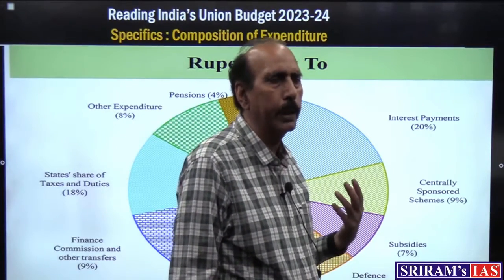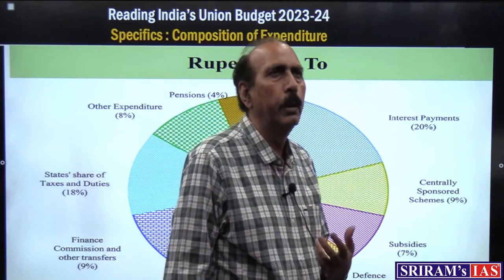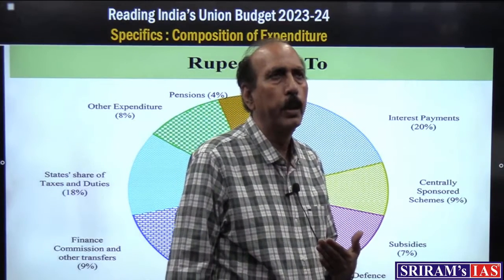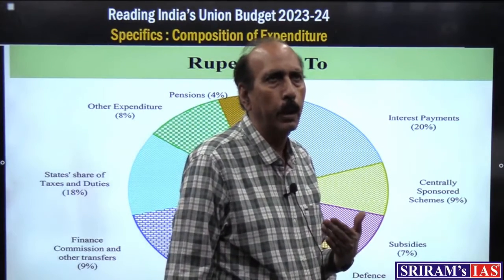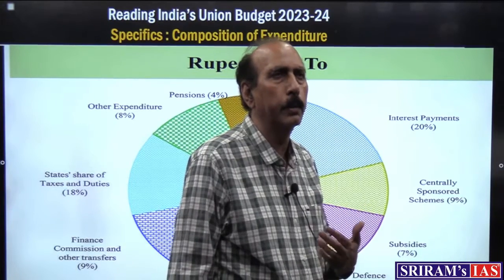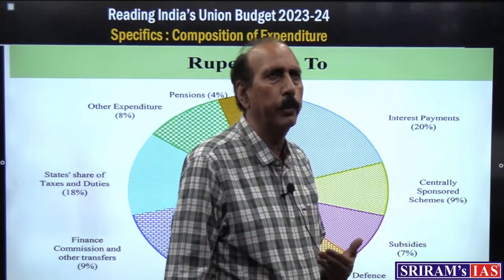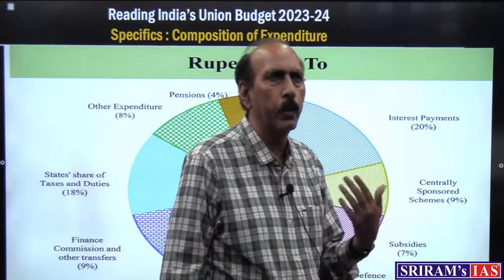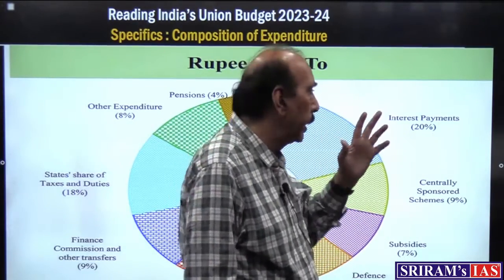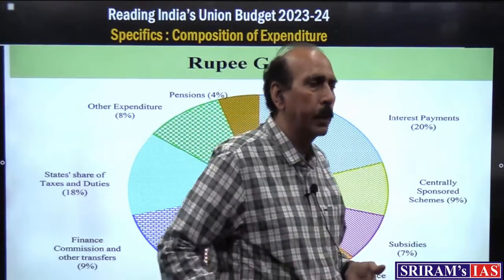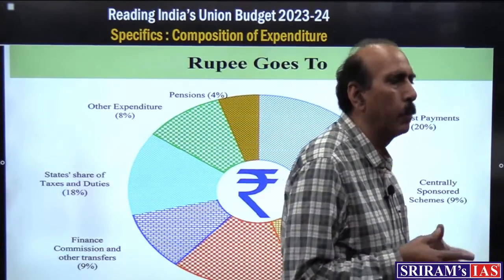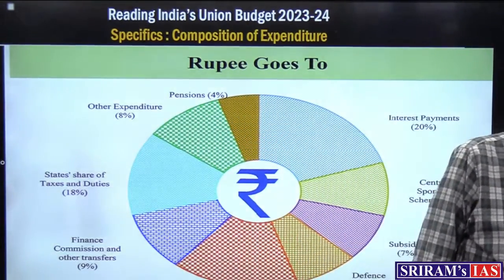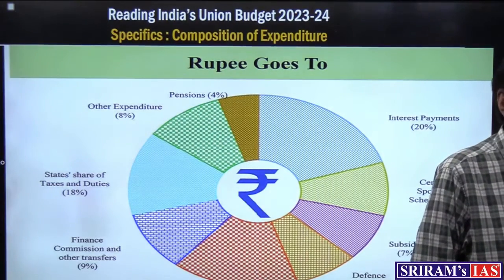Here we are trying to give you the information only for the prelim, because in prelim you have a lot of alternatives, but these are certain priorities and components of the budget which you need to keep in view while preparing for your prelims.